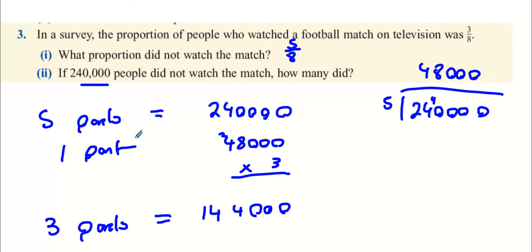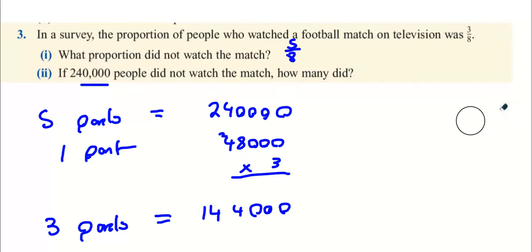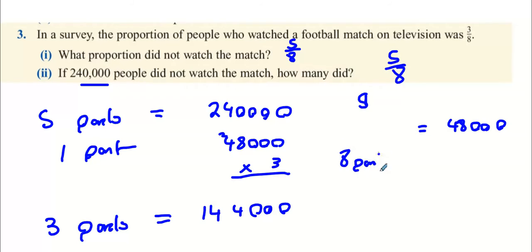Okie dokie. Another way to do it, guys, would be that if you know that 5 parts, or 5/8 of the people, didn't watch the match, that's 5 parts out of 8. So you could find 1 part, which is 48,000, and then you could find 8 parts by multiplying it by 8.